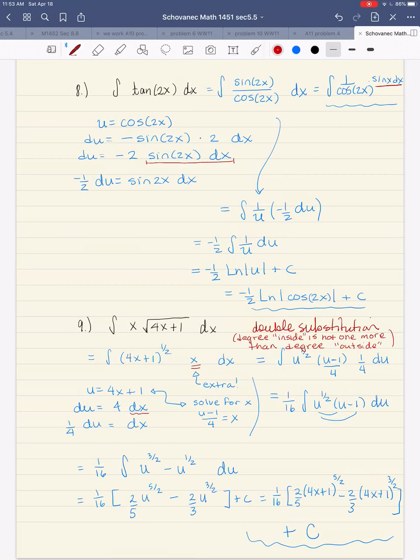Kind of a common trick to make your product integral a product that we can use multiplication, then integration.